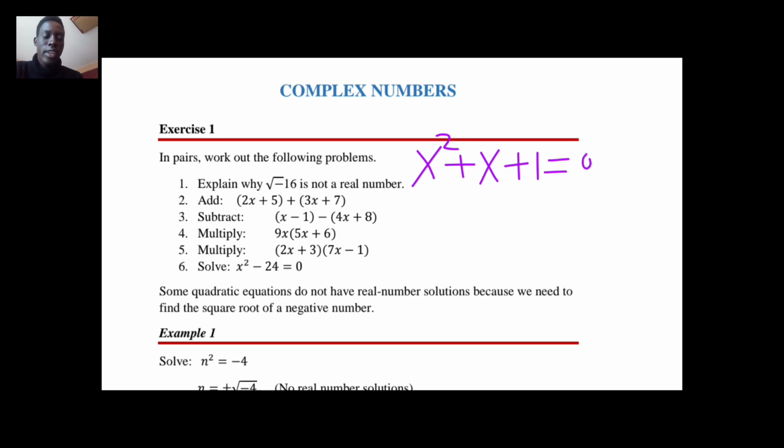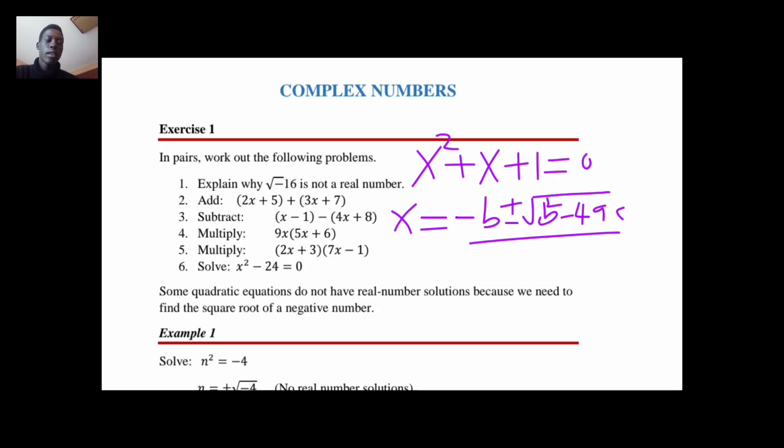If you solve this quadratic equation using the quadratic formula, where x is equal to negative b plus minus root of b squared minus 4ac, divided by 2a, the value of a here is equal to 1.